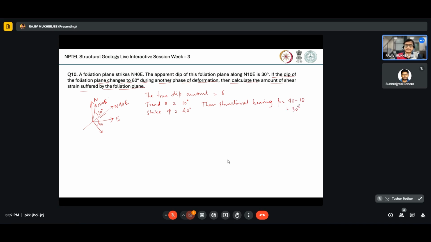So apparent dip, which is P, is 30 degrees.